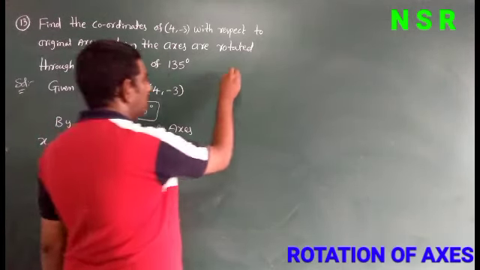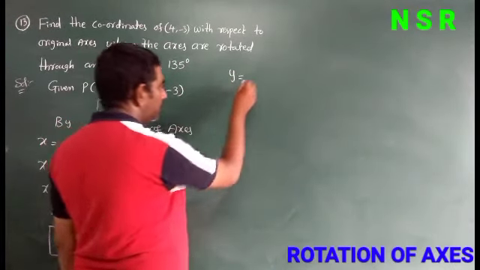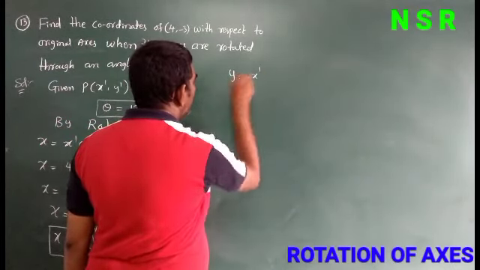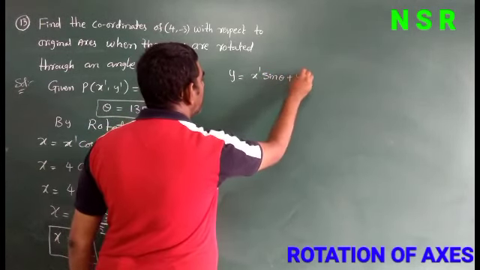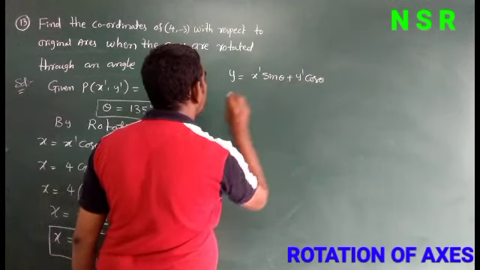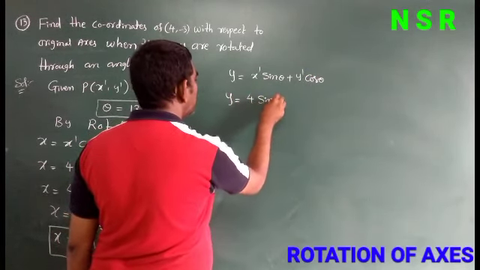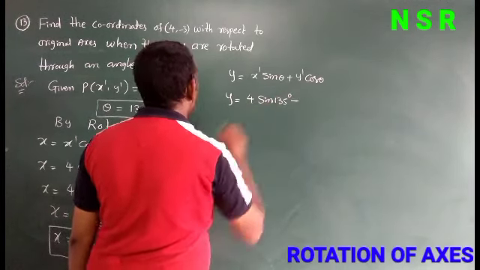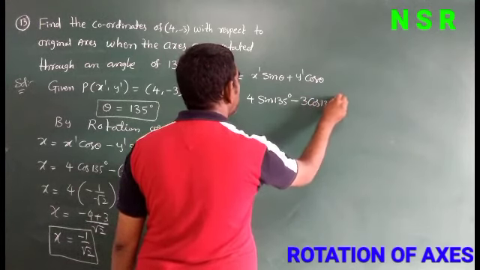So next, write the y formula: y = x' sin θ + y' cos θ. So y = x' value 4 into sin 135 minus 3 into cos 135.